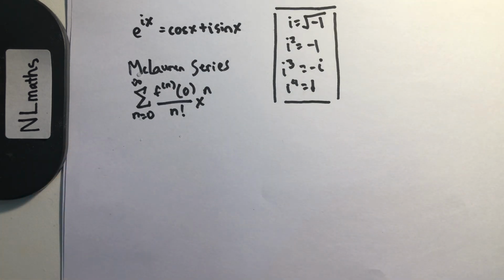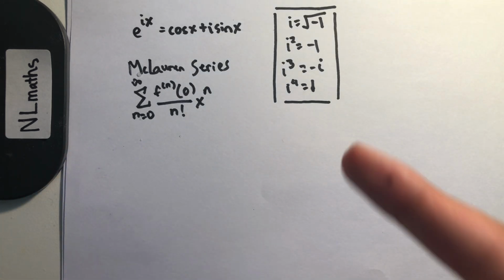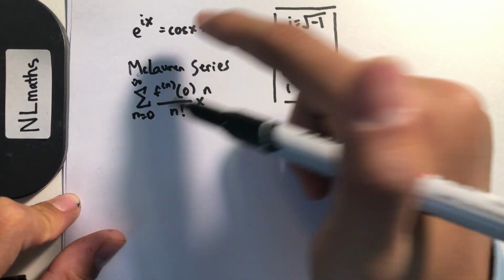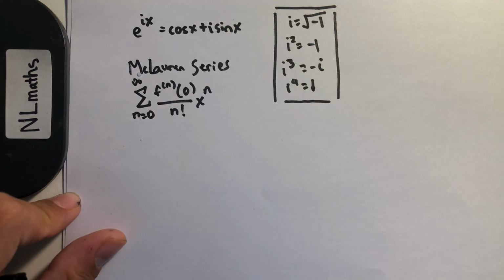So we have the Maclaurin series, it expands it at 0. So we'll be looking at e to the ix, expanding that, cosine of x, and i sine of x.